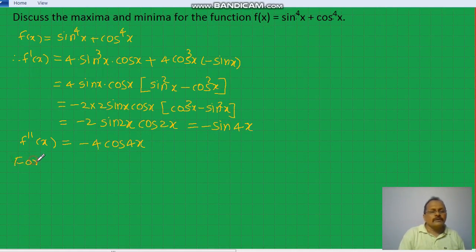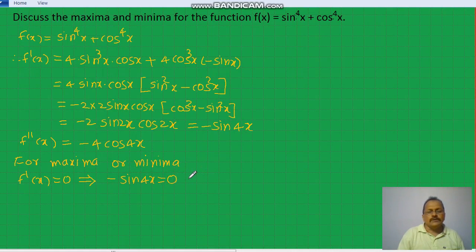For maxima or minima, f dash x is equal to 0. That gives me minus sin 4x is equal to 0.